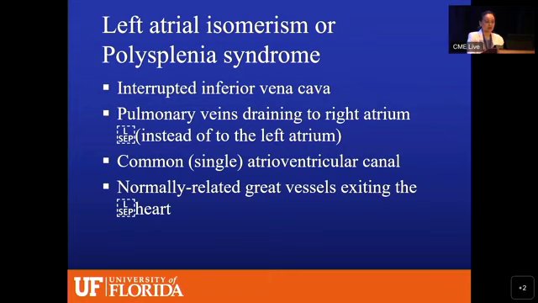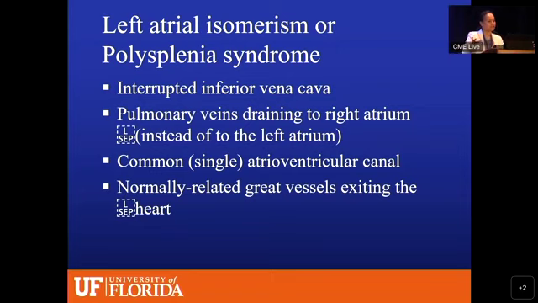In left atrial isomerism, however, since the IVC is on your right atrium, you duplicate your left atrium, therefore you'll have an interrupted IVC because you have no IVC. The IVC is a right heart structure.